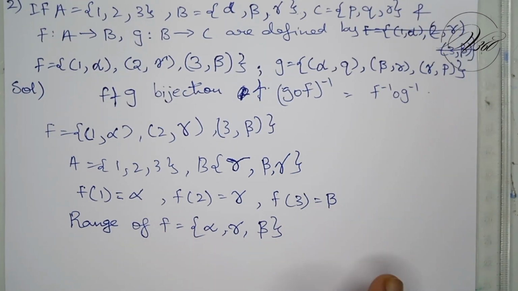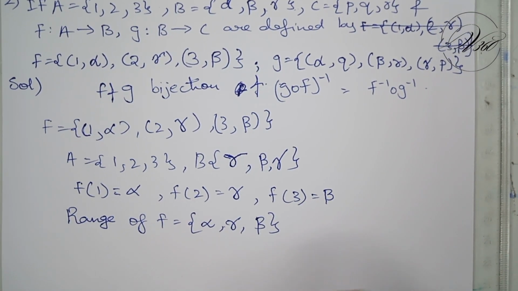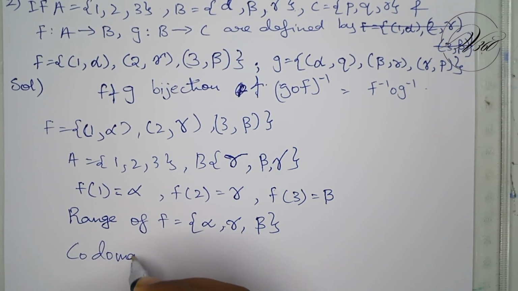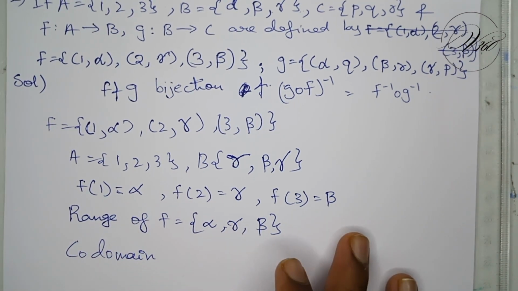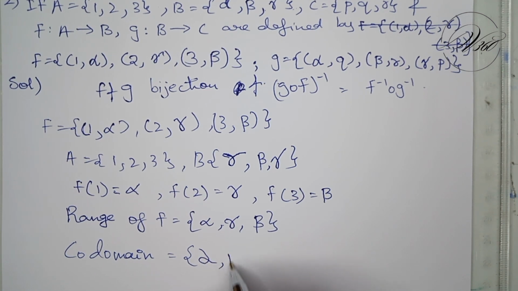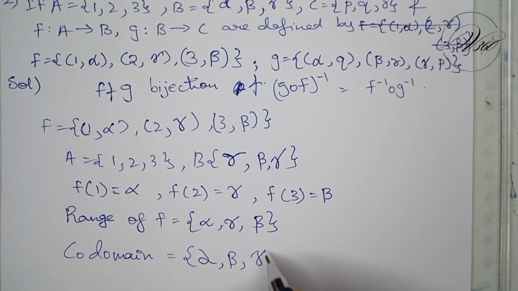Now we should compare the codomain with this. Codomain. Now here the codomain is the set B, that is alpha, comma, beta, comma, gamma.